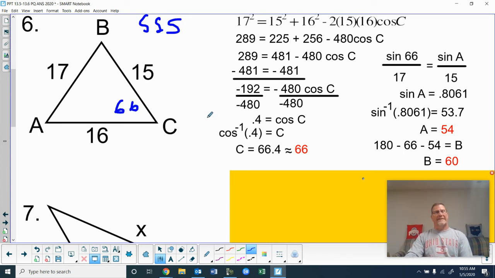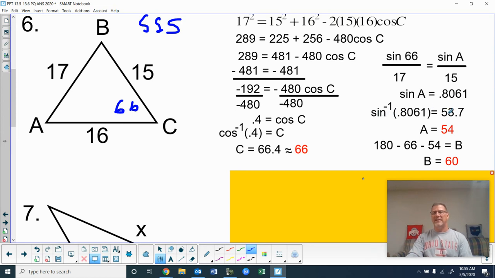All right, so now remember, going from the law of cosines to law of sines, we always find the smaller of the two remaining angles. The smaller one would be angle A, because 15 is the shortest side. So I set up my law of sines over here. I cross multiplied and divided. I got sine of A is 0.8061.